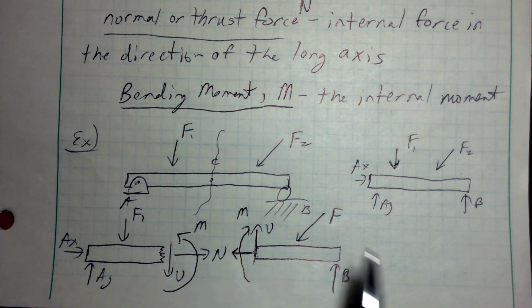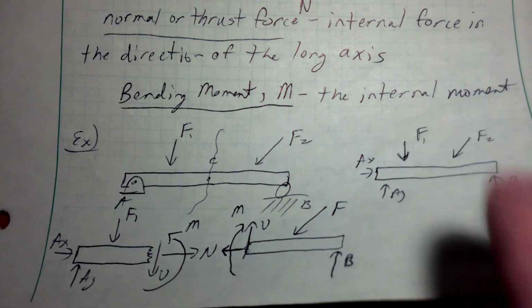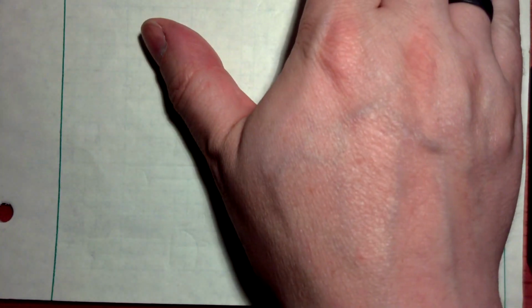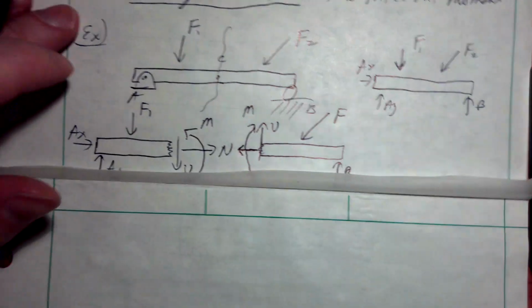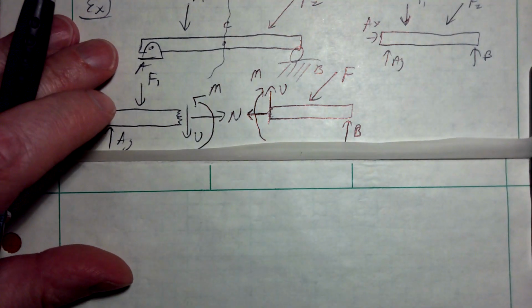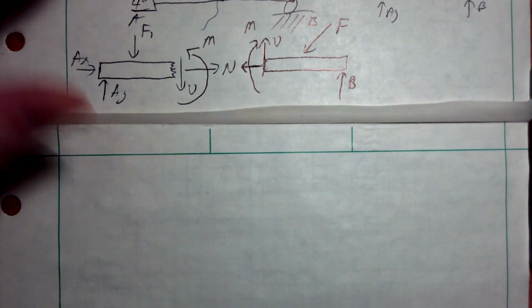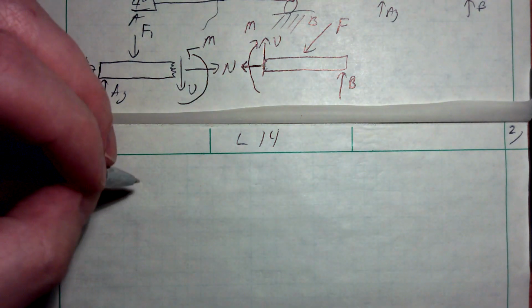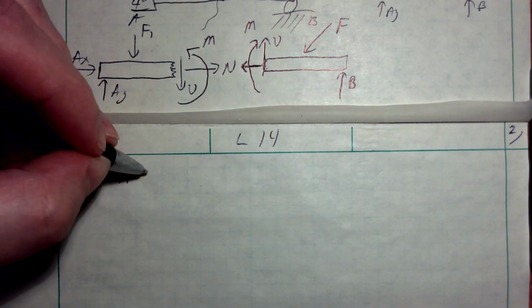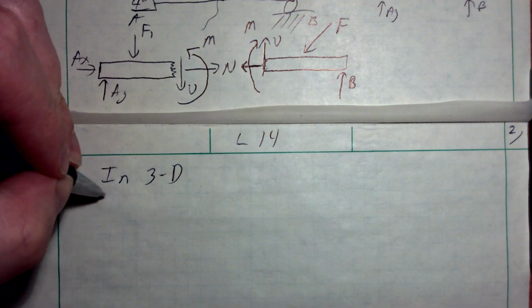We have enough equations here that I could write between these free body diagrams to get quite a bit done very quickly. And now, let me lay down, I'm going to mention the concept of 3D cuts. This is, again, L14. It's going to be page 2 of something. I'm going to mention briefly how we would go about this in 3 dimensions.